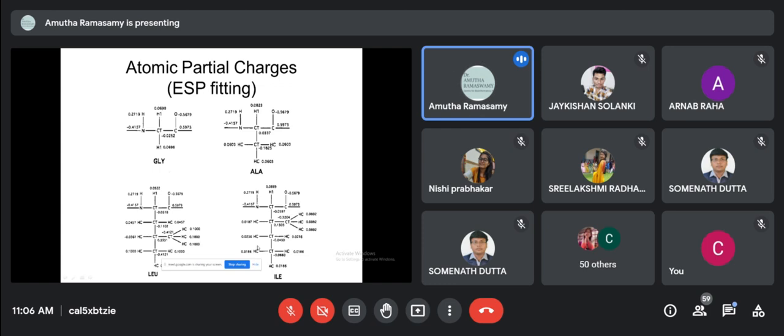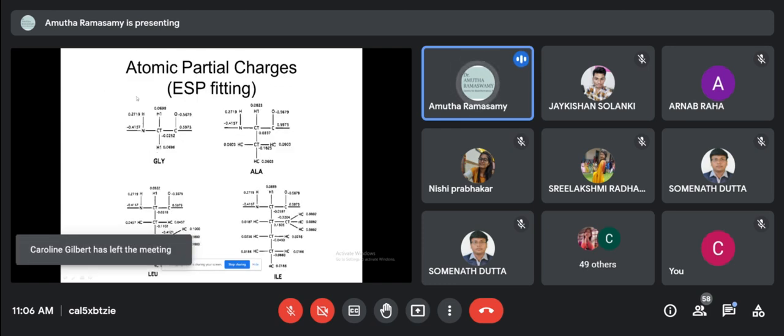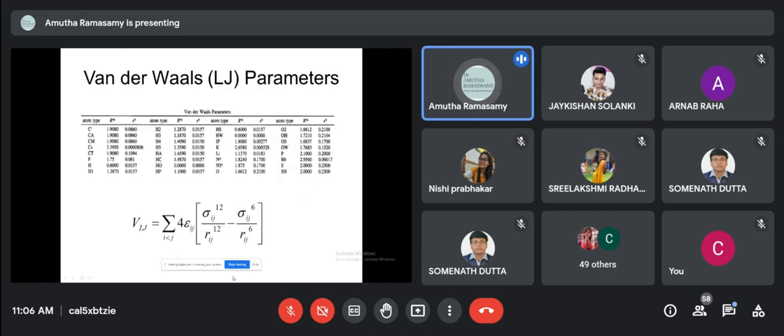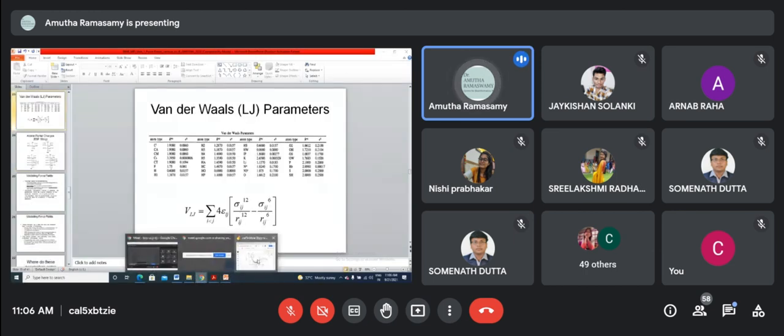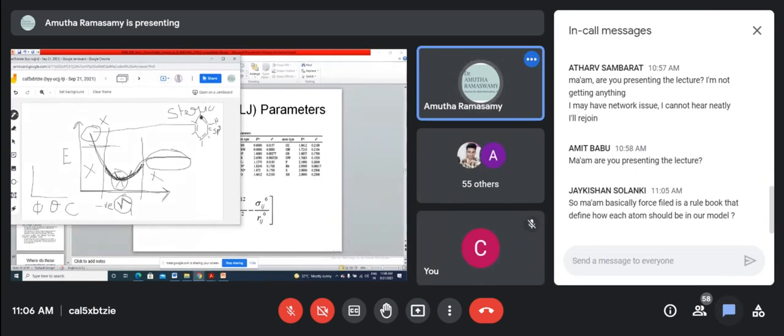Similarly, you have to simply apply these values, or tell the software to use the default values from the force field and apply them to the structure. Here we are applying the force field and telling the software to run the force field minimization.